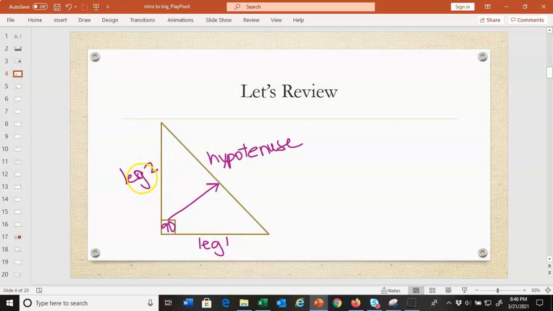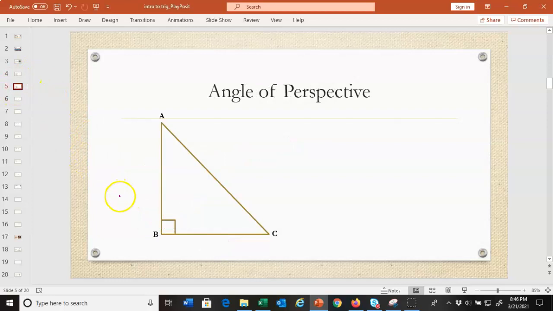Well, you're going to see when we talk about trig functions that the names of the other two sides will matter. And we're going to be able to determine the names of those two sides with something called the angle of perspective. So when you see this word perspective, what do you think of? I think of the way I see things, the way someone sees things, right?